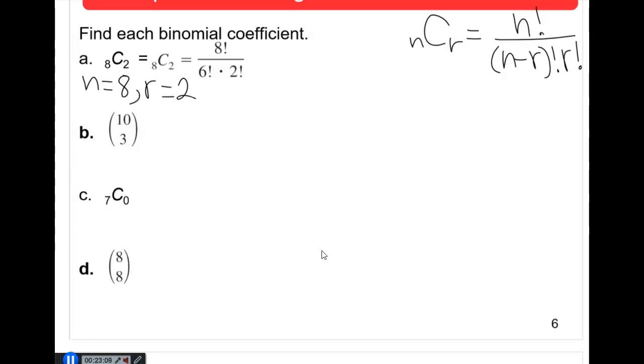So 8 for n is right here, 8 factorial. They're kind of skipping a step here, so this should be 8 factorial over 8 minus 2 inside parentheses, then factorial, and then finally 2 factorial. From the 8 minus 2, that's how they obtain the 6. Then you have 6 factorial there. And then, of course, for 2, which is the value for r, that will be here, 2 factorial.